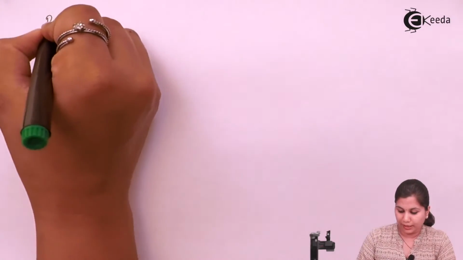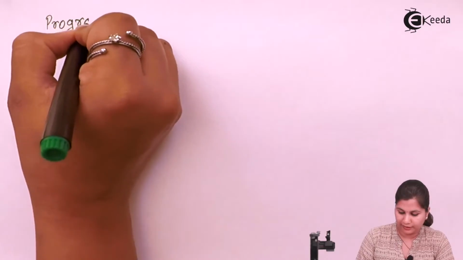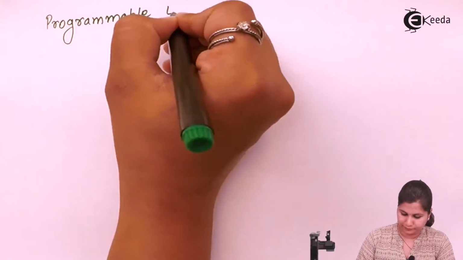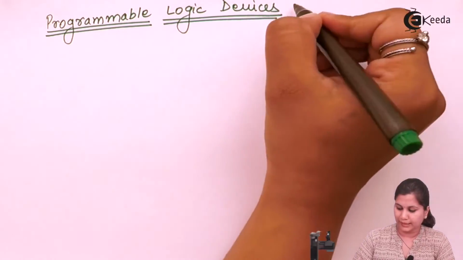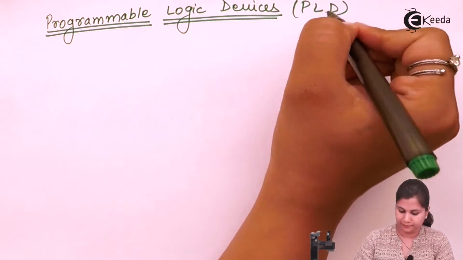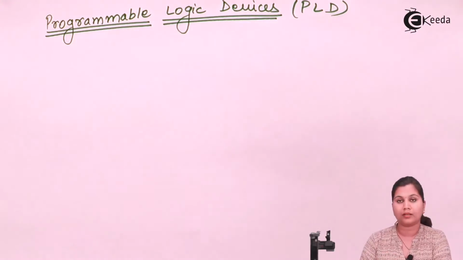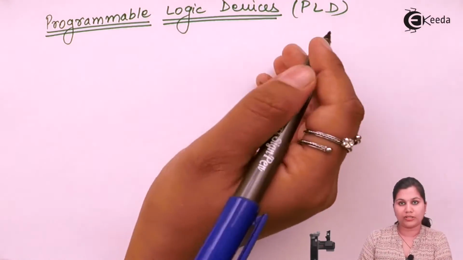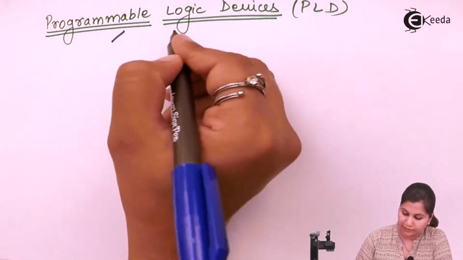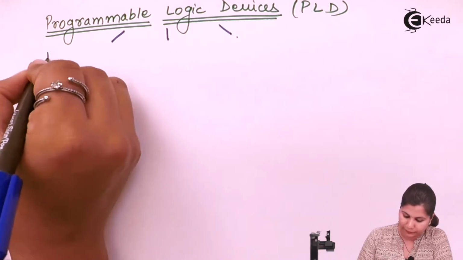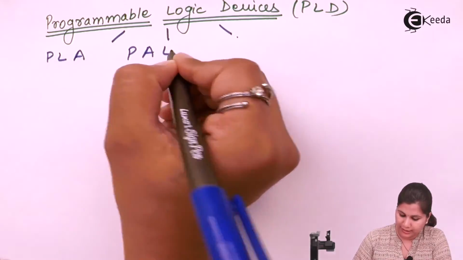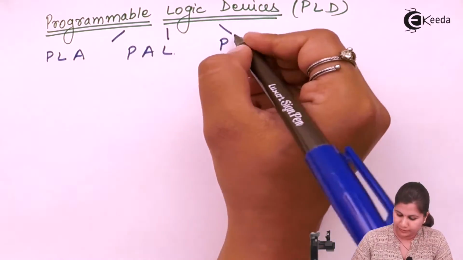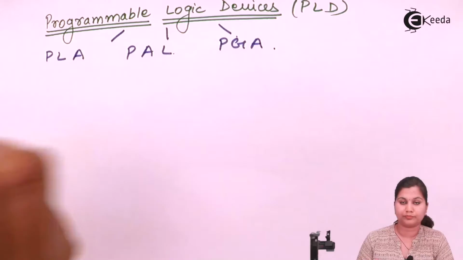Now the last type of IC technology is the programmable logic devices, that is PLD. In this type of technology, there are also three parts: programmable logic array, programmable array logic, and programmable gate array.